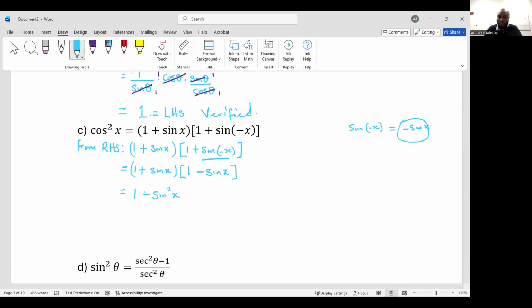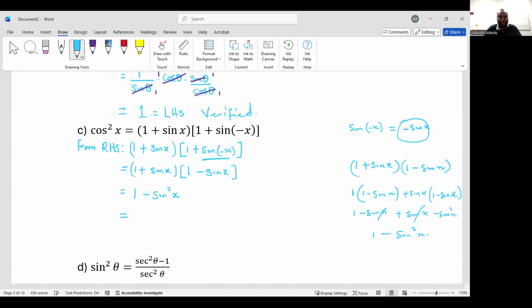At this level, all what you need to do is just multiply this. 1 minus sine of x. So multiply this 1 times 1 minus sine of x plus sine of x times 1 minus sine of x. So that is 1 minus sine x plus sine x minus sine squared of x. So this will take care of this, and we have 1 minus sine squared of x.